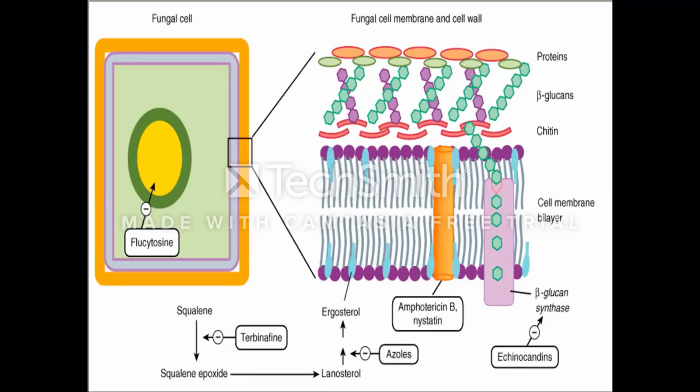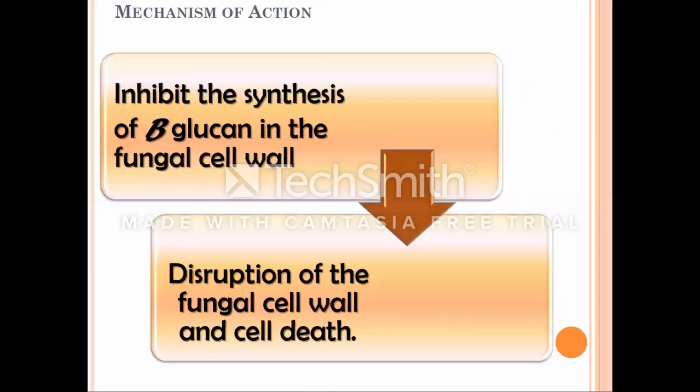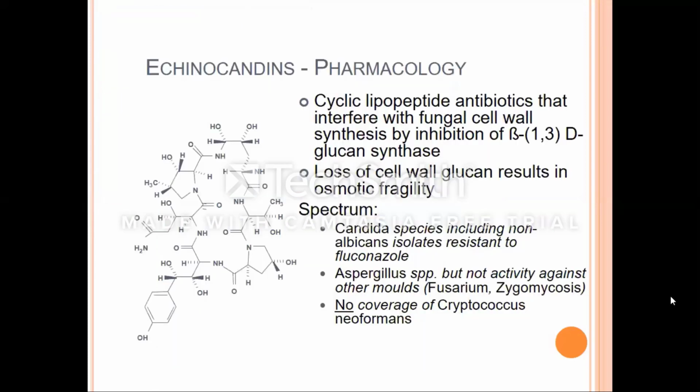As the cell wall is damaged, that will lead to the death of the fungi. So this is a very simple mechanism by which echinocandins work. They inhibit the synthesis of beta-glucan in the fungal cell wall, and they lead to the disruption of the fungal cell wall and therefore lead to cell death.